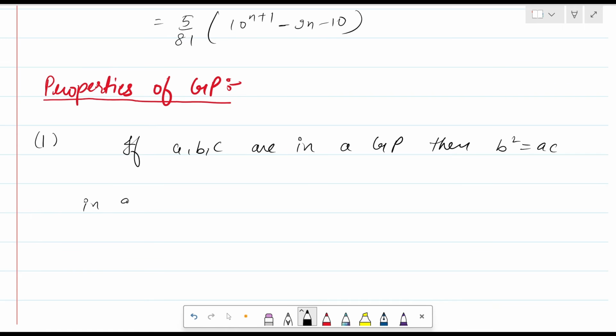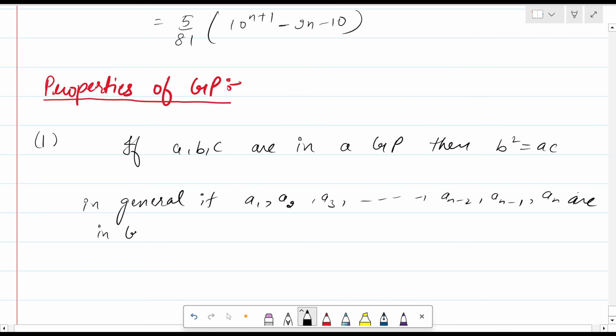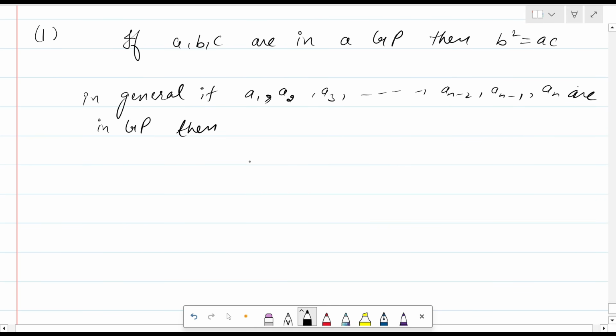In general, if A1, A2, A3, ..., A(n-2), A(n-1), An are in GP, then, as you remember we can write these types of formulas for an AP, the product of the equidistant terms of a GP from the beginning and end will be constant, and it is equal to the product of the first and last term.